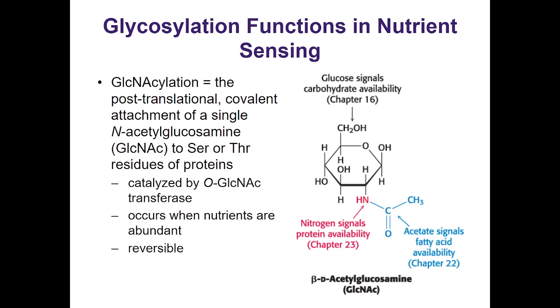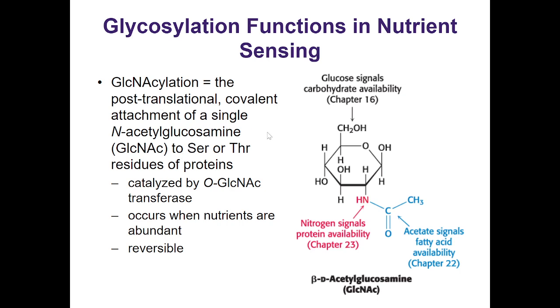Anyways, glycosylation functions in nutrient sensing: O-GlcNAcylation, the post-translational covalent attachment of a single N-acetyl glucosamine. This is where the abbreviation comes from. Can everybody see that abbreviation? How that'd be related? Okay. So O-GlcNAcylation, right?